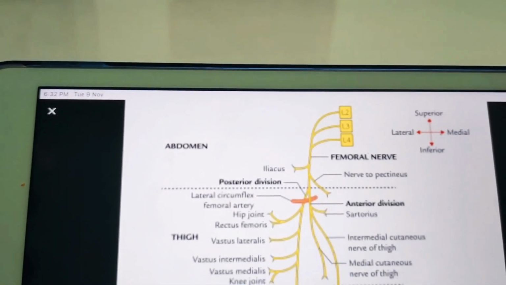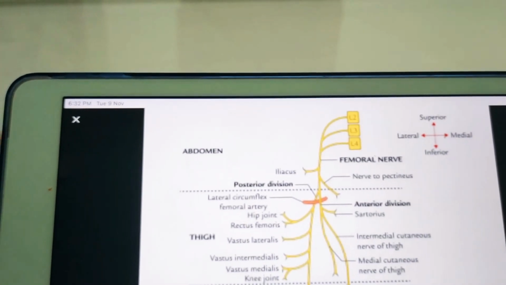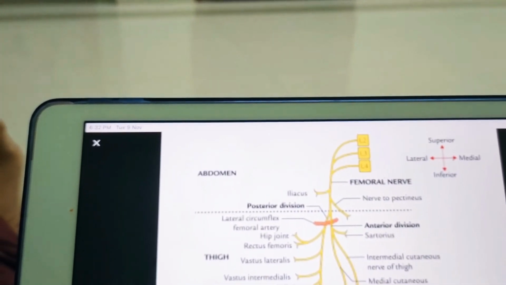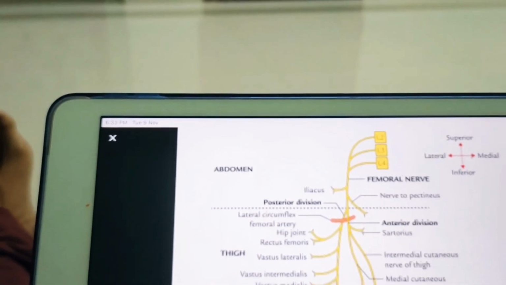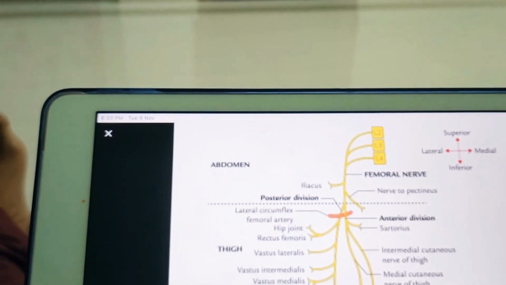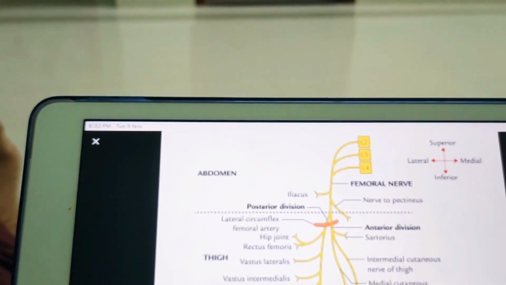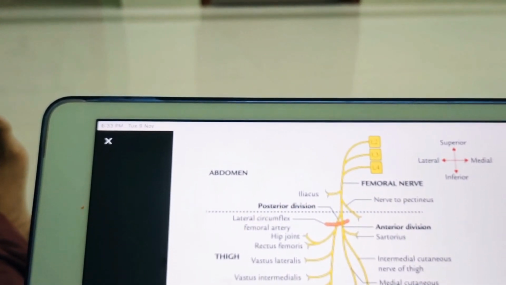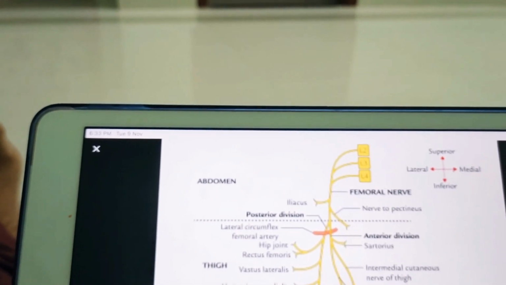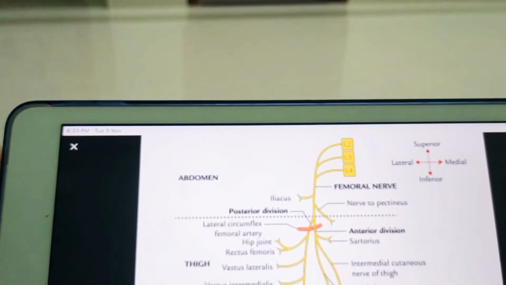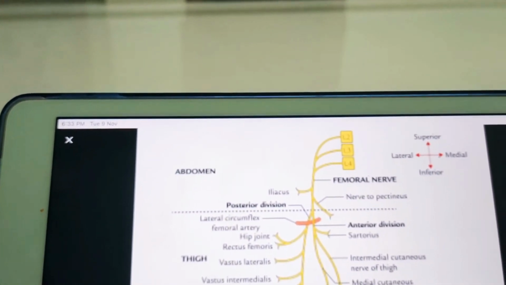Injury to the femoral nerve by wounds in the groin area, though rare, causes paralysis of the quadriceps femoris, because its posterior division supplies most of the quadriceps femoris muscular branches, and also there will be sensory deficit on the anterior and medial side of the thigh and on the medial side of the leg. Why? Because the anterior and medial sides of the thigh are supplied by the cutaneous branches, which are sensory, so there will be sensory loss.